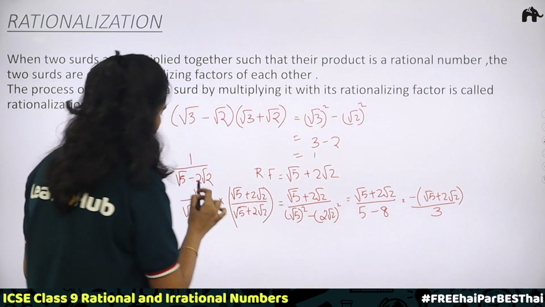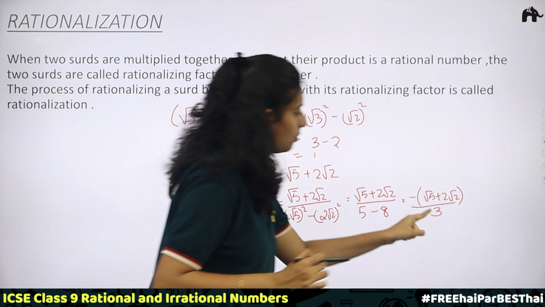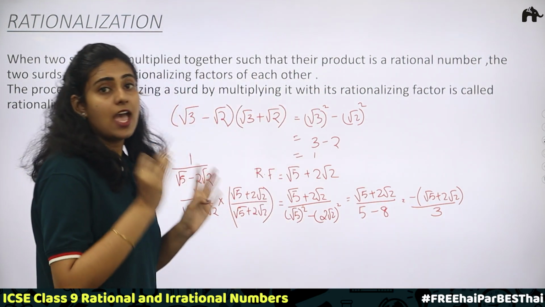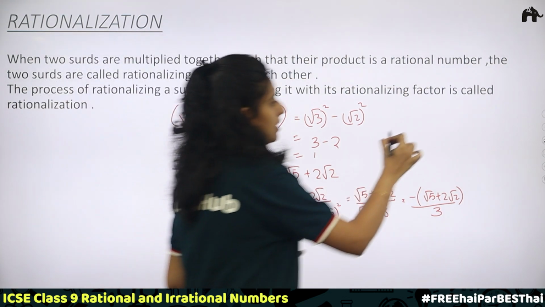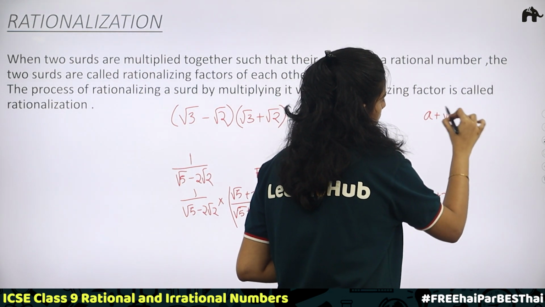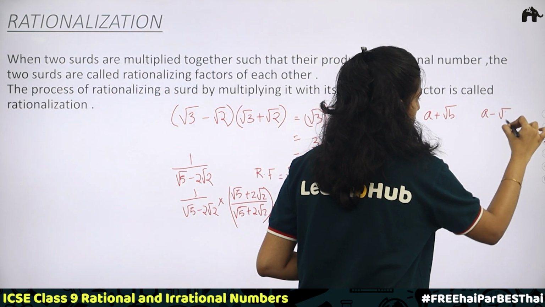So you can check that here we had an irrational number in the denominator and now the denominator has become a rational number. This process is called rationalization, and in the process of rationalization you will be having a rationalizing factor. For example, if the form is a plus root b, the rationalizing factor will be a minus root b.